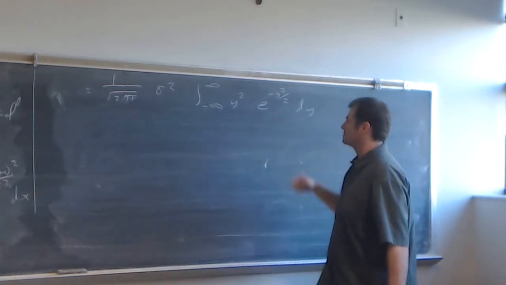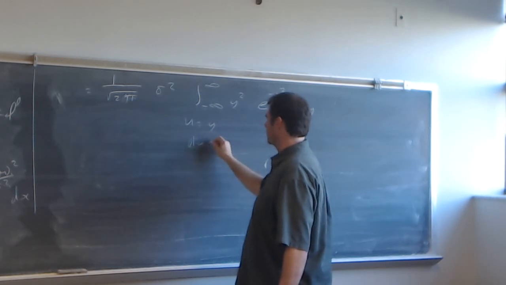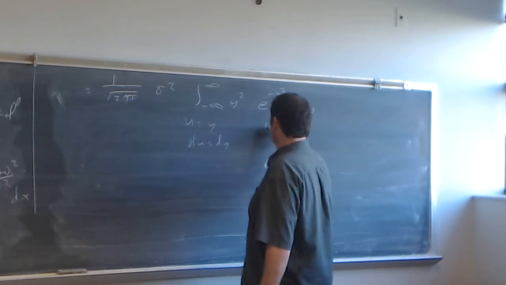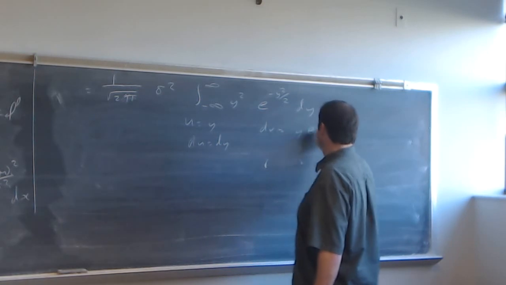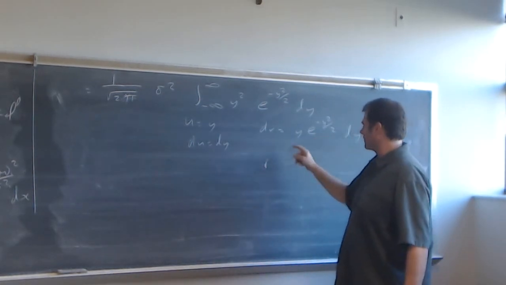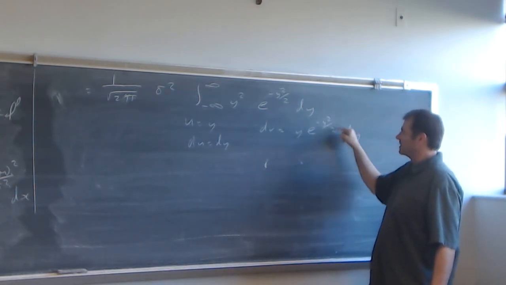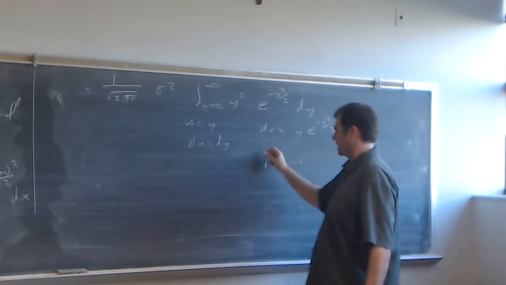Now I'm going to integrate this by integration by parts. I'll let u be y, du will equal dy. dv is going to be equal to y times e to the minus y squared over 2 dy. The antiderivative of this: here's e to the something, and the derivative of this something is just minus y, which I almost have.